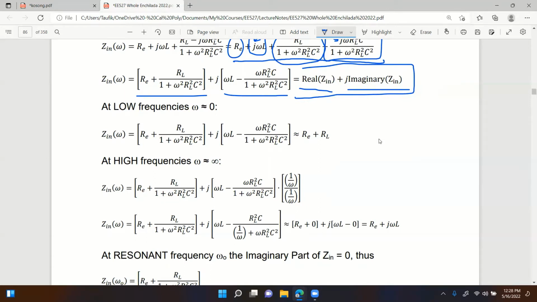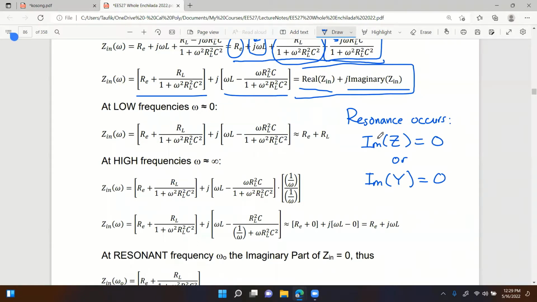And then we know from EE212, right, that resonance occurs when what? Occurs when the imaginary part of Z is equal to 0, or the imaginary part of admittance is also equal to 0, right? So resonant condition occurs when either the imaginary part of impedance is equal to 0 or the imaginary part of the admittance is equal to 0, either one, right?